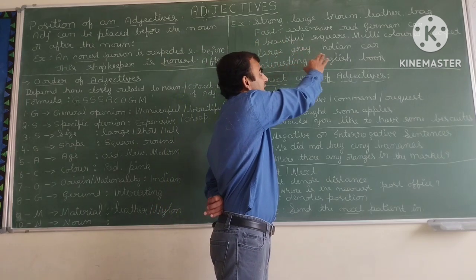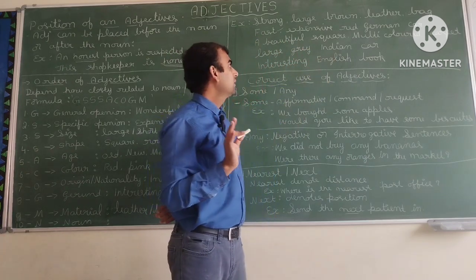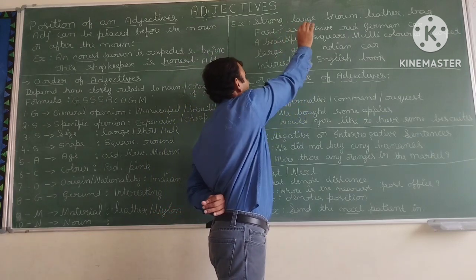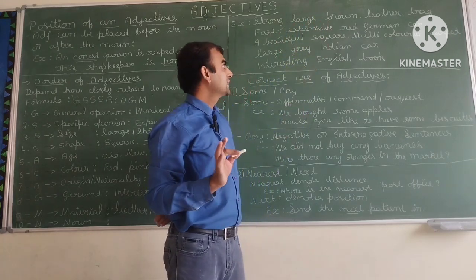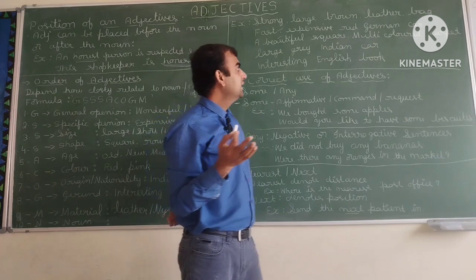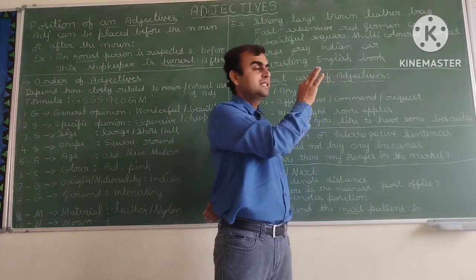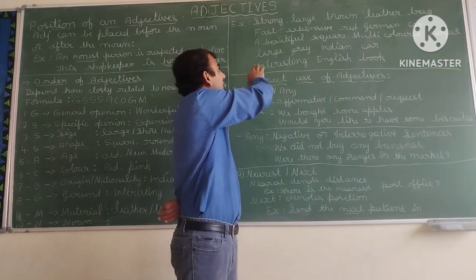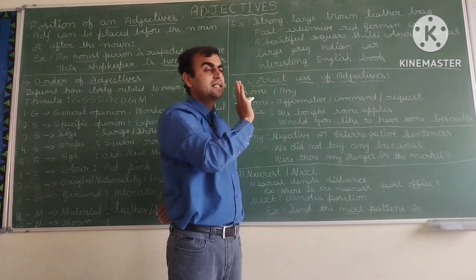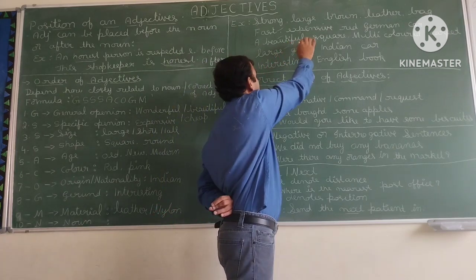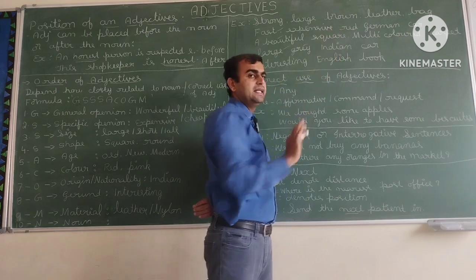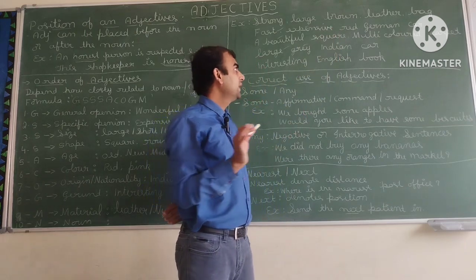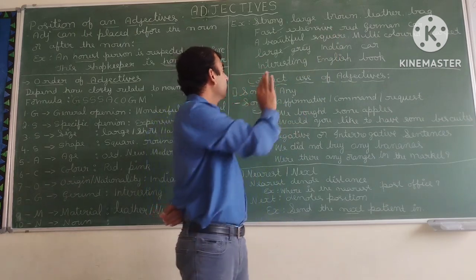A beautiful, square, multicolored carpet. Beautiful is a general opinion, square is a shape, multicolored is a color, and finally a carpet. Carpet is a noun. Large, grey, Indian car. Large is a size, grey is a color, Indian is a nationality, finally car.